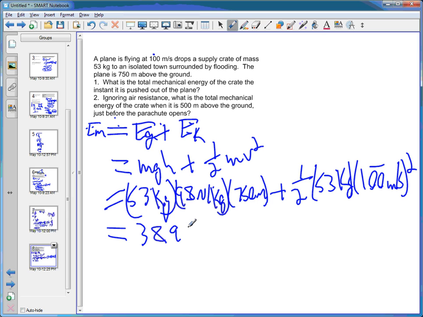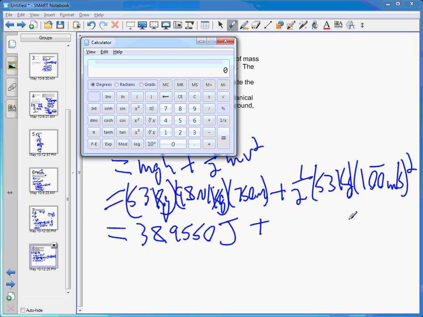Plus 1/2 of, okay, so let's bring out our calculator again. So 0.5, 1/2, times 53 kilograms, times 100 squared equals 265,000.